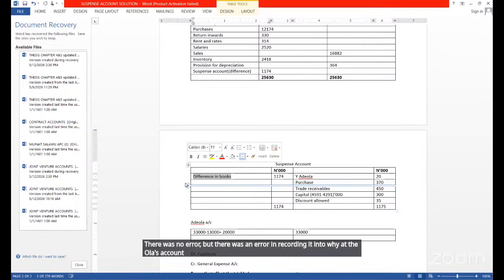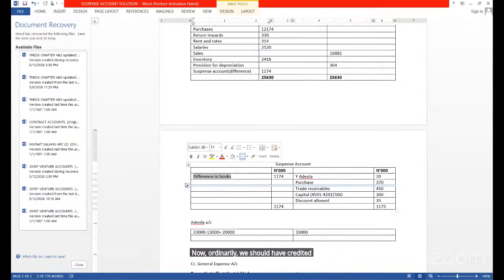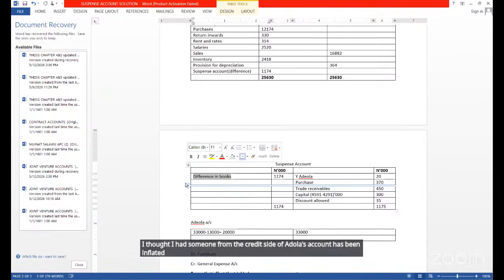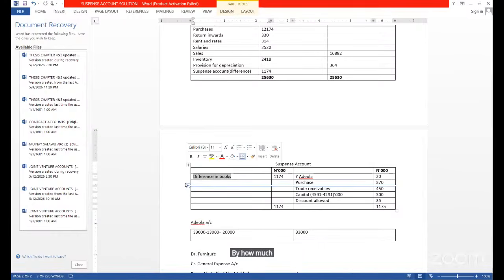Now, ordinarily, we should have credited Adeola with how much? 13,000. But we ended up crediting him with what? 33,000. That means the credit side of Adeola's account has been inflated by how much? 20,000.